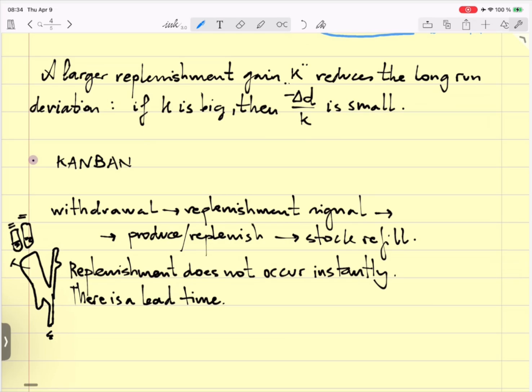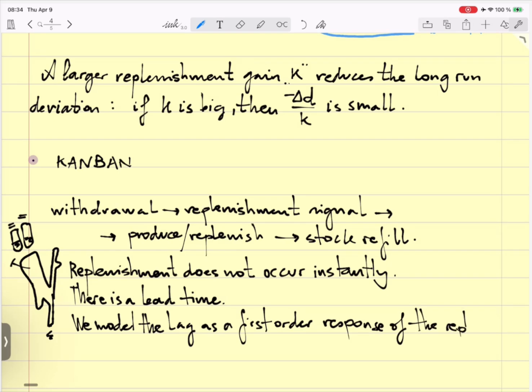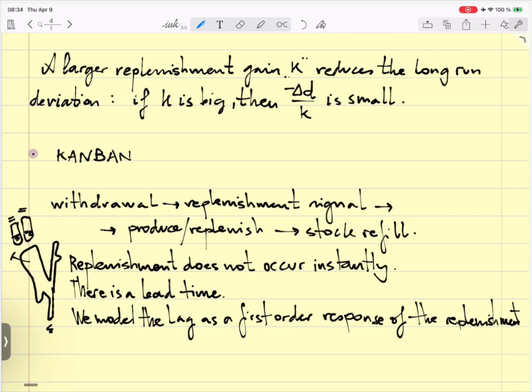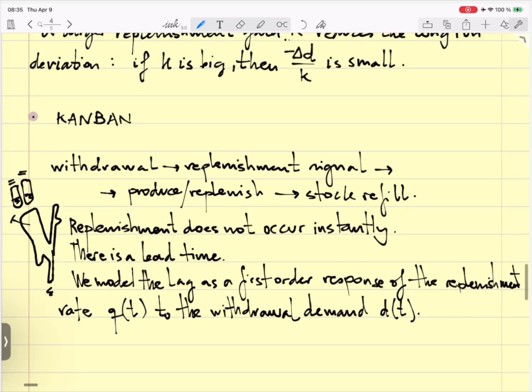Okay, so we model the lag as a first order response of the replenishment rate Q of t to the withdrawal demand d of t.